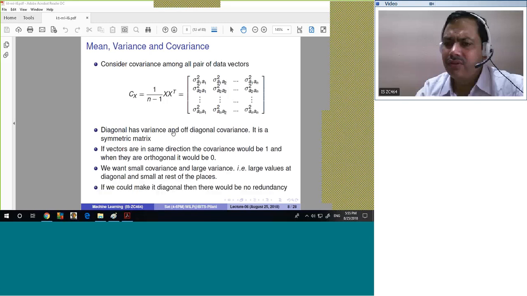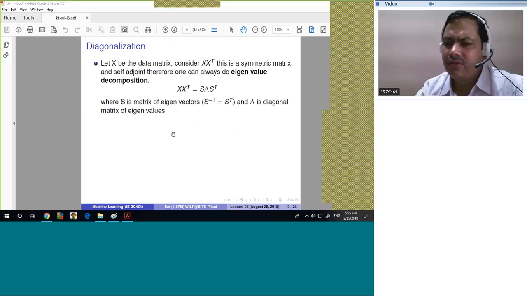So what would be the advantage? It means that I am in very good shape. I don't have any problem. Okay, so one way to do this is to use the eigenvalue decomposition. We have seen that given the data, if you carefully construct X transpose X and do the eigenvalue decomposition, then you can get the matrix.